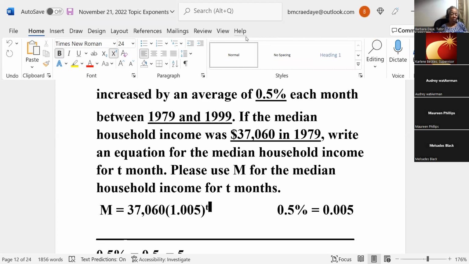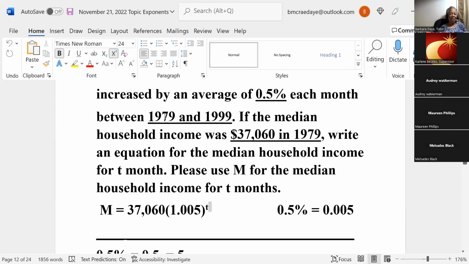And if we were going to do the months, from 1979 to 1999 is how many years? 20. So that's 20 years.